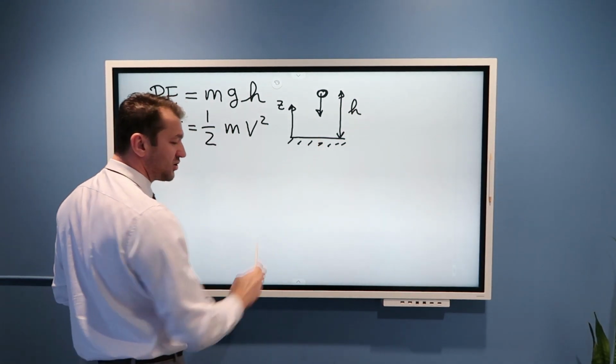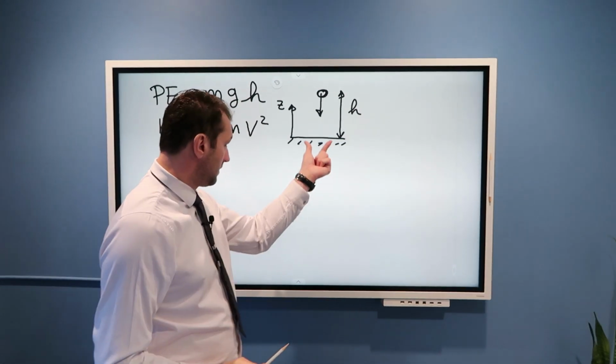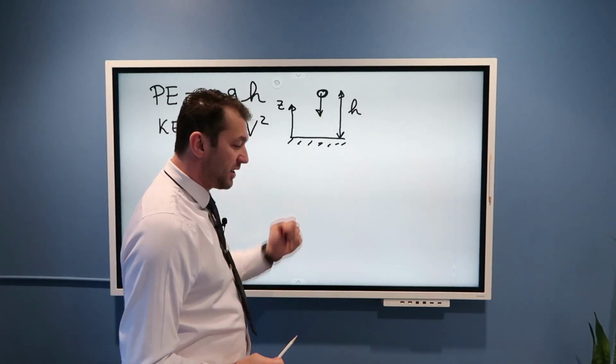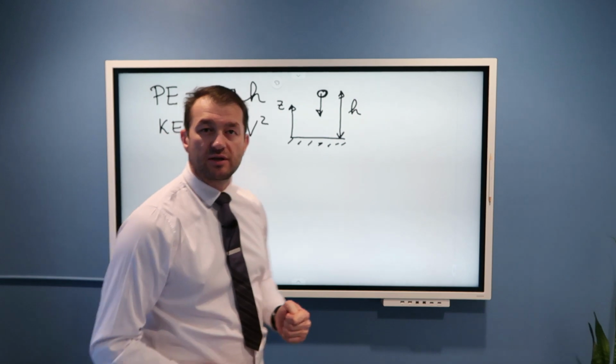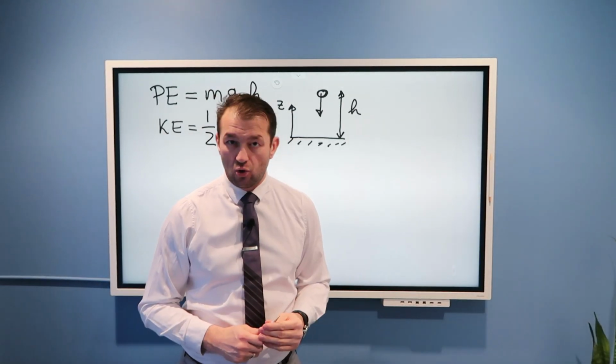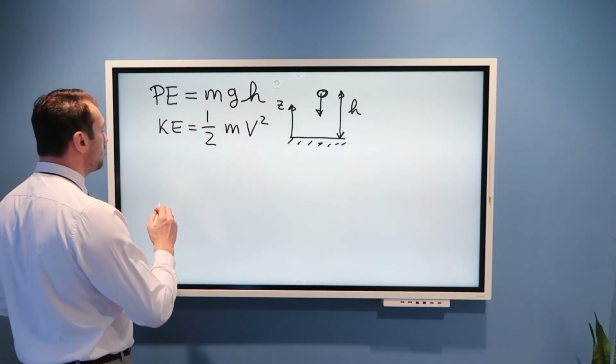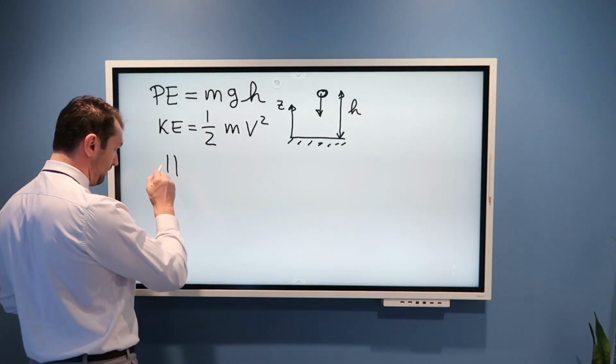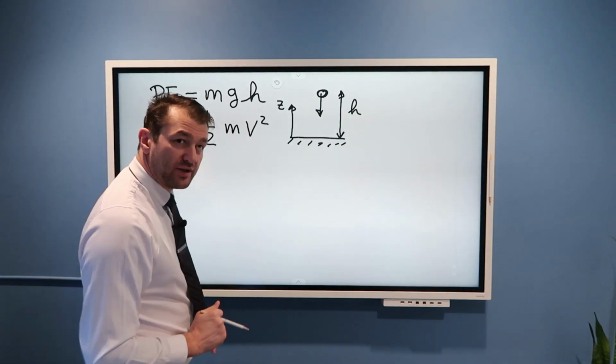Eventually, it will hit the surface and it will lose potential, it will lose kinetic energy, but we said energy cannot be destroyed. So where will that energy go? It can go into heat, warming up a little bit the surface.